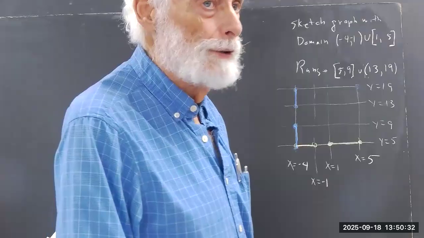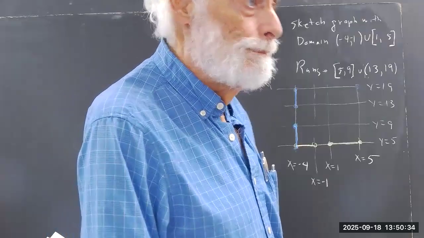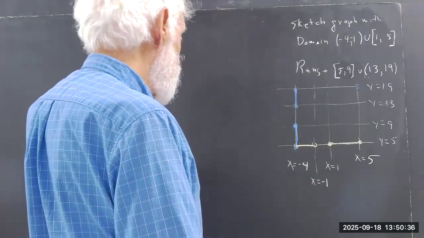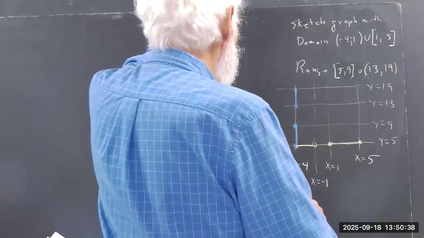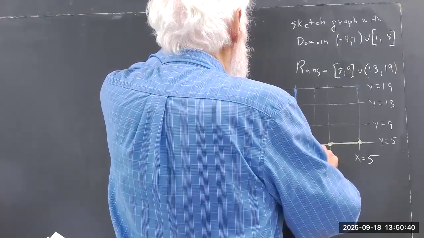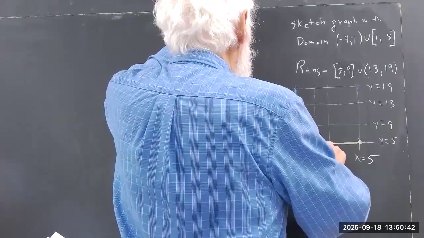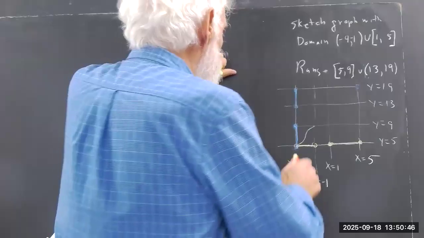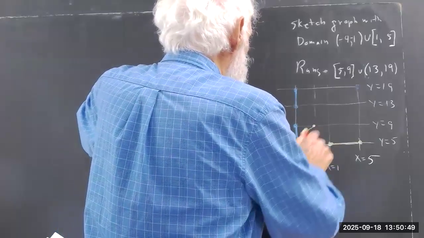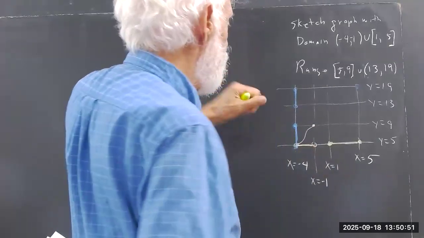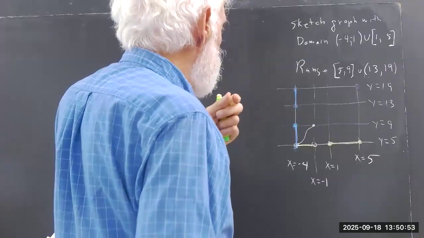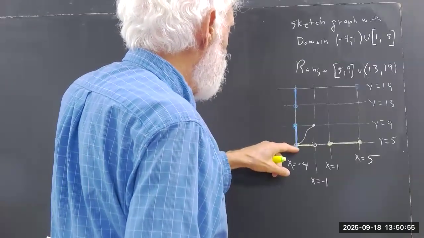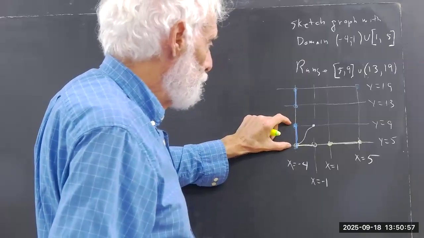Okay, there's several ways I could draw this. I could draw any curve that goes from this point up to this point, including this endpoint, but not this one. And now I have this part of my range.